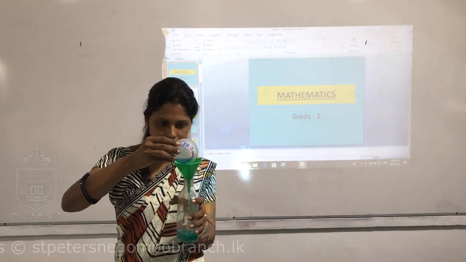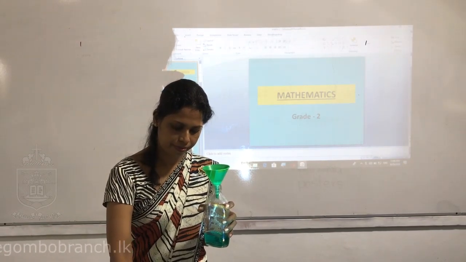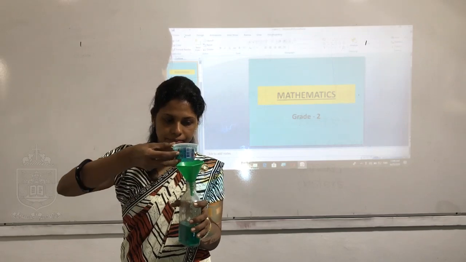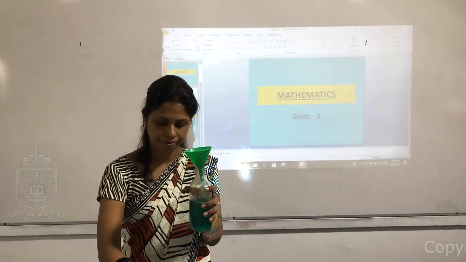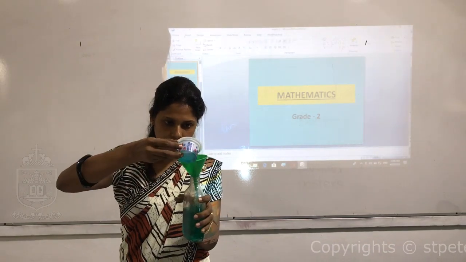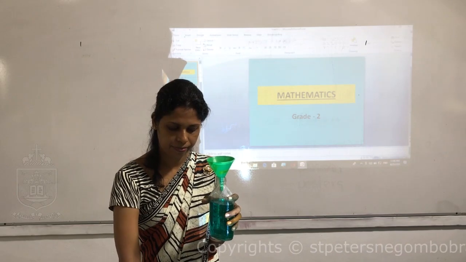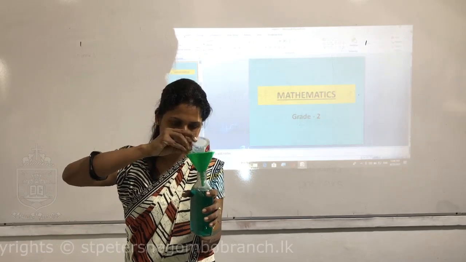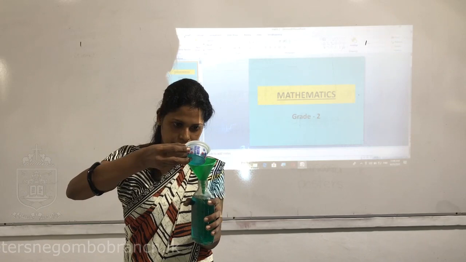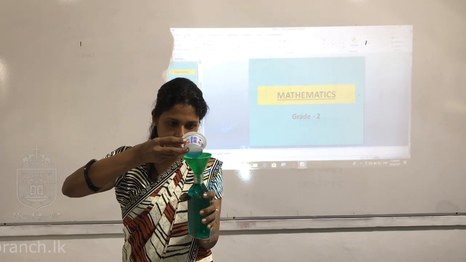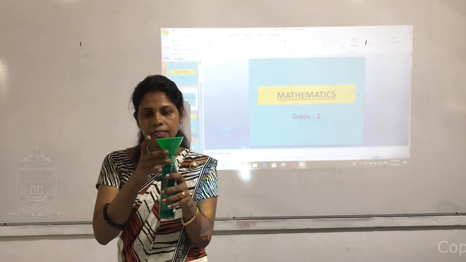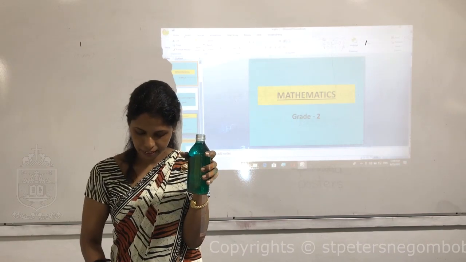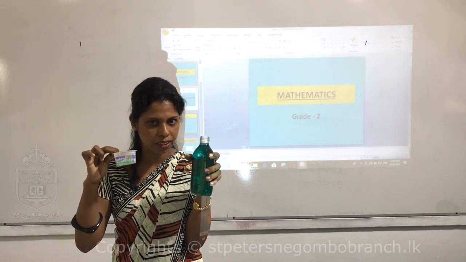One, two, three, four, five, six. This bottle holds 6 yogurt cups of water. 6 yogurt cups of water.